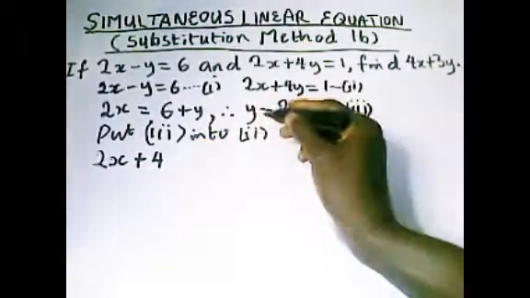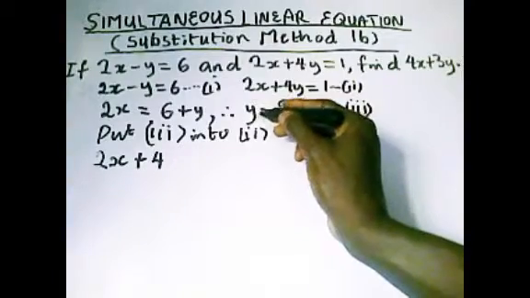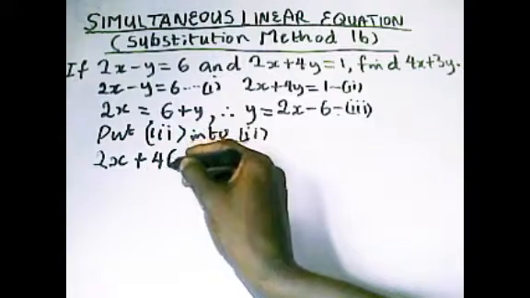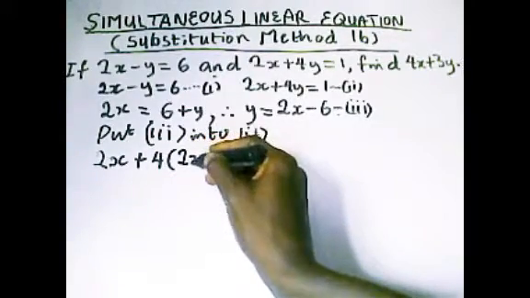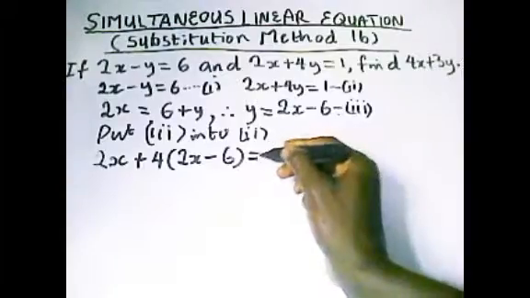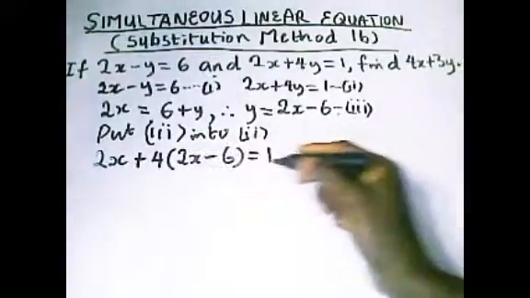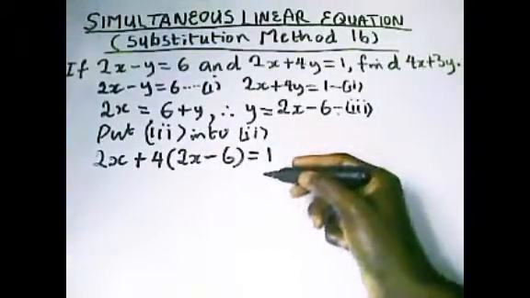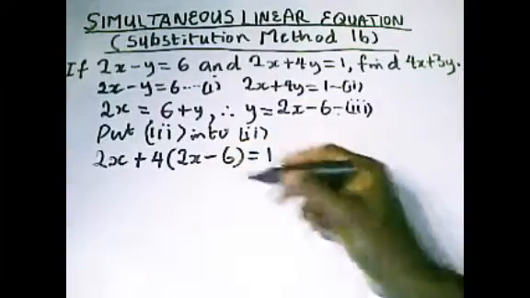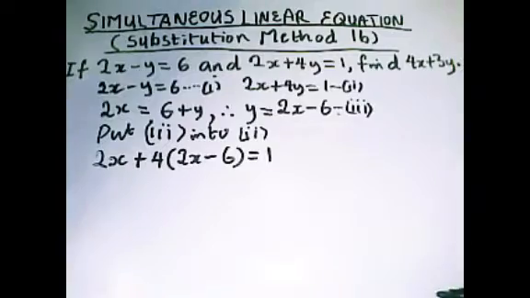What is the value? According to our equation 3, y is 2x minus 6. So instead of writing y, we are replacing it with 2x minus 6. We close the bracket and equate everything to 1. So what I've just done now is the substitution method. We took out y and replaced it with 2x minus 6. So we have to solve this simple equation on the board.